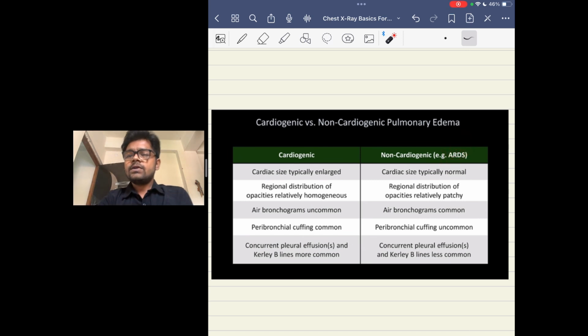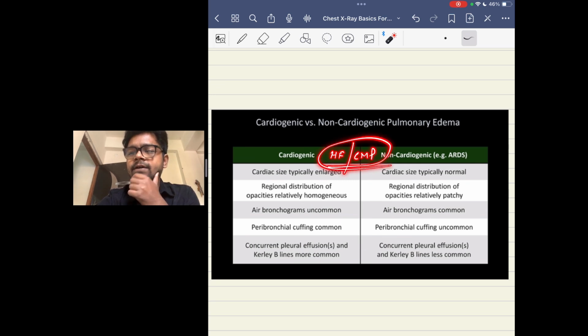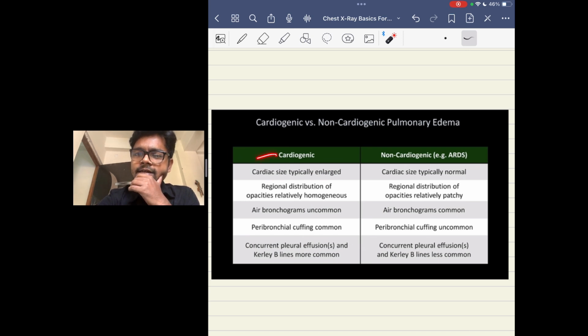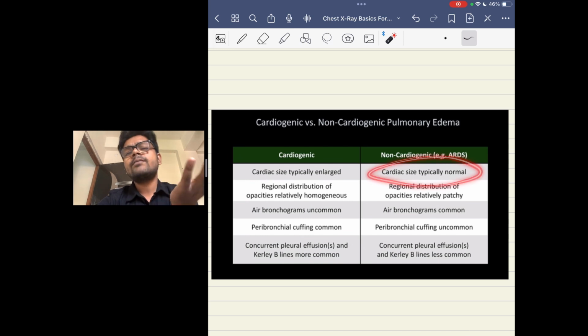In cardiogenic pulmonary edema, it is predominantly the heart that is involved, as the name implies. So there will be a heart failure or a cardiomyopathy, whatever it is. Since it is cardiogenic, the cardiac size will typically be enlarged. In ARDS it will be normal, though it might be enlarged also because there can be underlying heart disease.